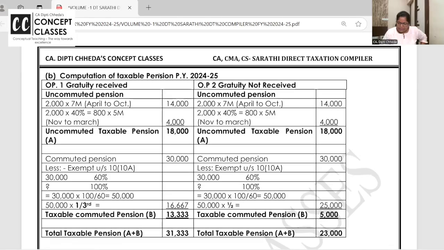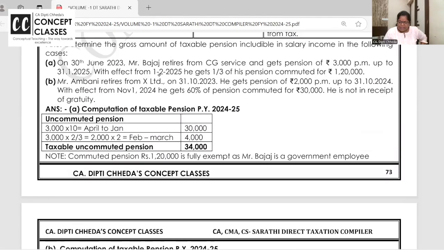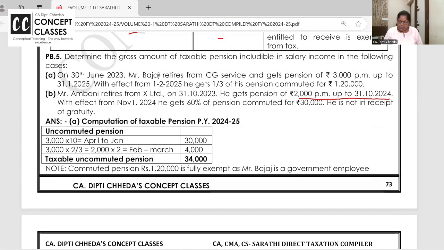So better, look at this. I want all of you to read. Ambani retires on 31st October. He gets 2,000 pension till October 24, which is our financial year 24-25. So we will see April, May, June, July, August, September, October. 7 months, 2,000 into 7 he was receiving. Right? Okay.